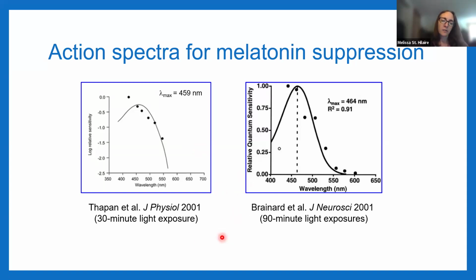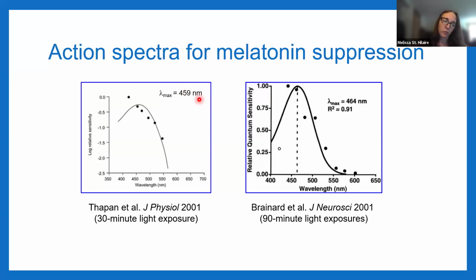The one on the left is in response to a 30-minute light exposure. The one on the right is from a 90-minute light exposure. What I want to draw your attention to mostly is that the peak of these action spectra, showing that the peak melatonin suppression occurs at what we call a lambda max, at a wavelength of about 460 nanometers.